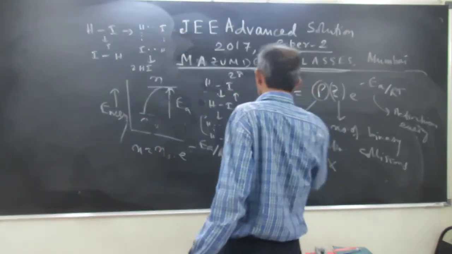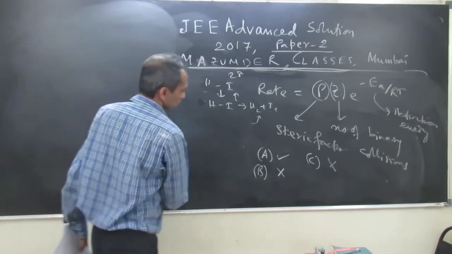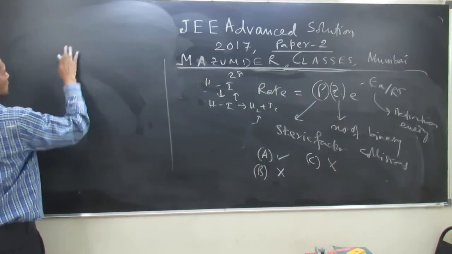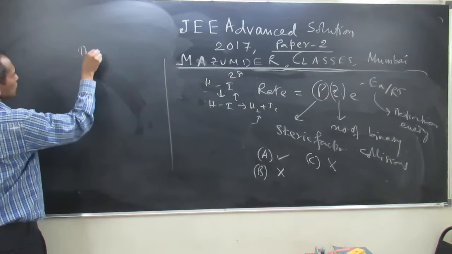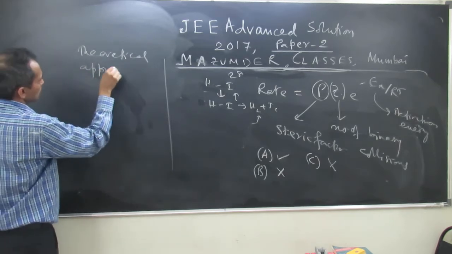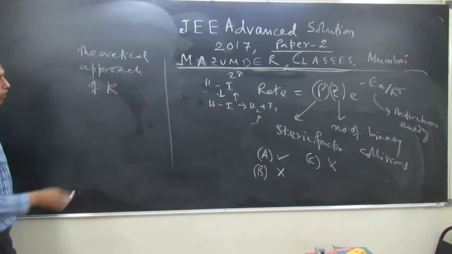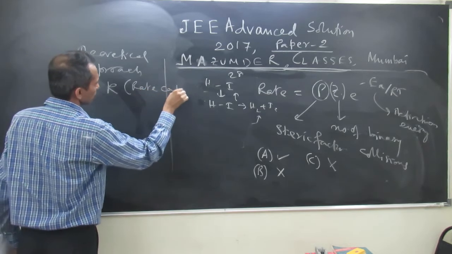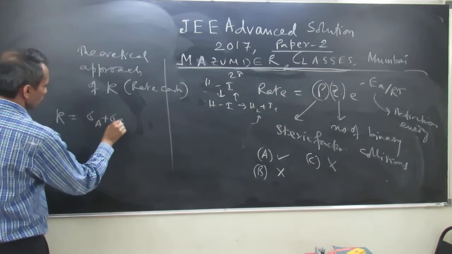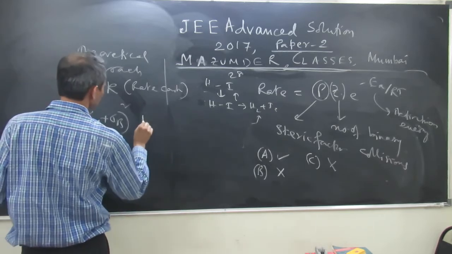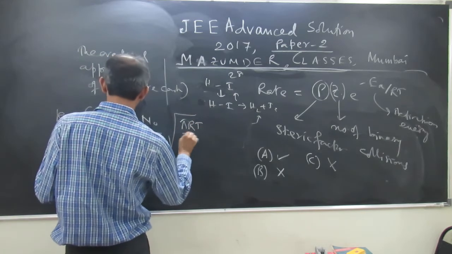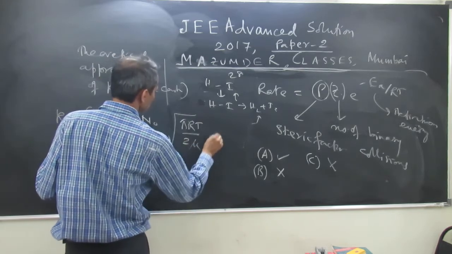It is correct, because if you see the derivation of the theoretical approach to K, the rate constant, you can have the final expression that K equal to (sigma A plus sigma B) whole square, N0 by 10 to the power cube, into square root of pi RT divided by 2 mu. This mu is the reduced mass, into e to the power minus EA by RT.